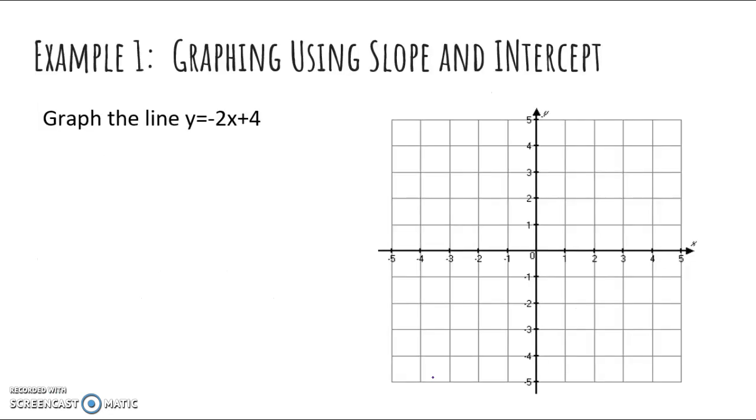All right, so let's try one. So we have y equals negative 2x plus 4. So the slope is negative 2. And the y-intercept is 4.